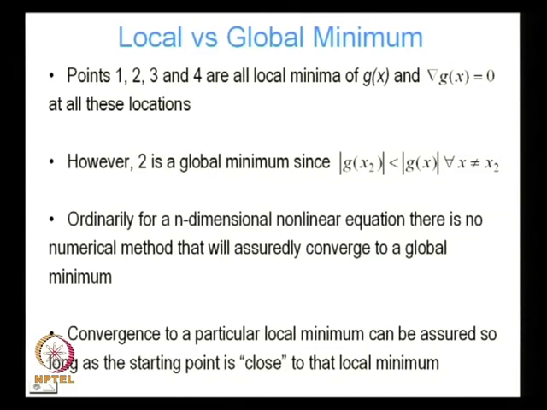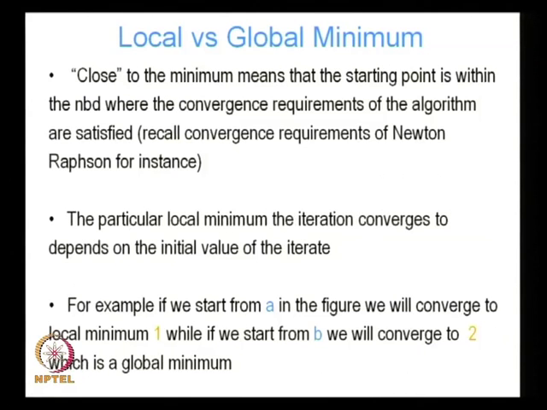Convergence can at most be assured to a local minimum so long as the starting point is close to that local minimum. So, what does close mean? Close to the minimum means that the starting point is within the neighborhood where the convergence requirements of the algorithm are satisfied.